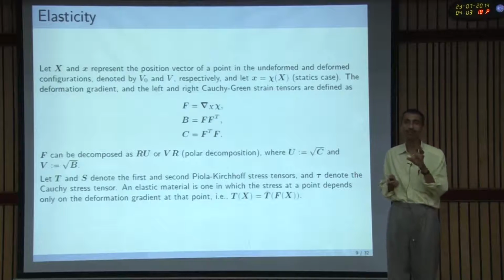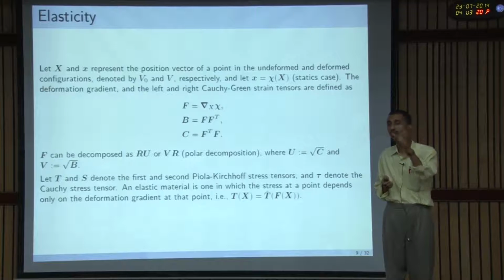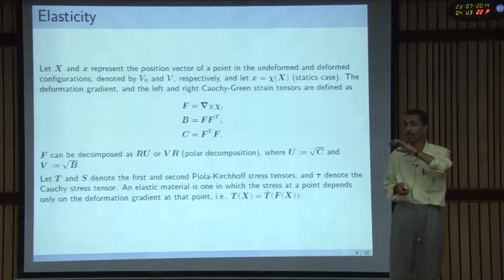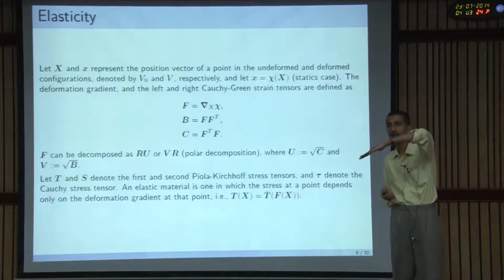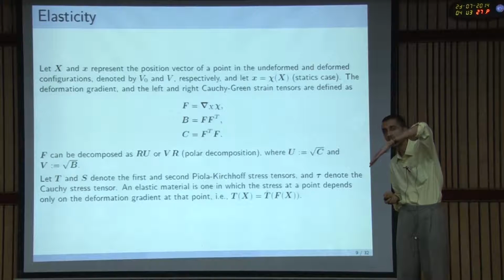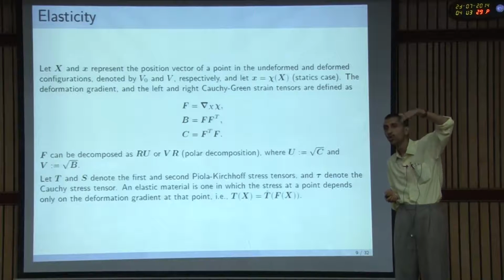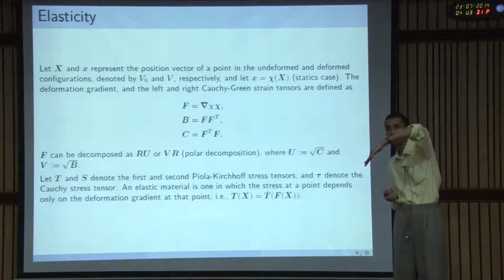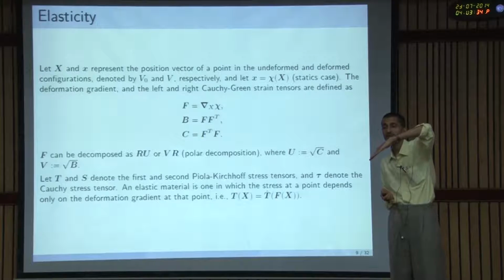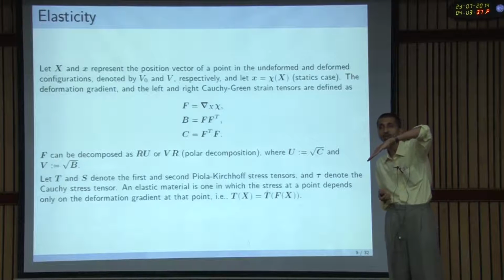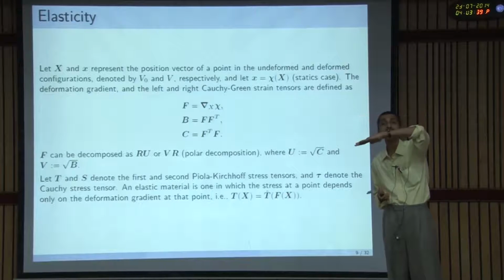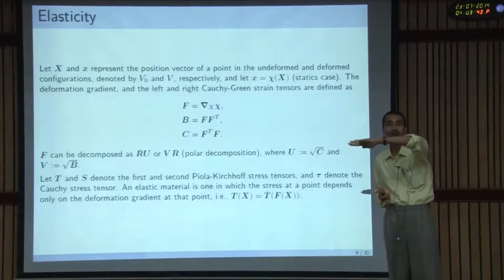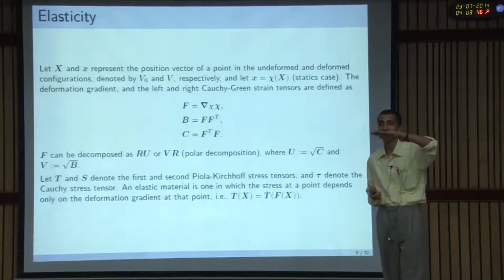The problem with nonlinear elasticity is that the deformed configuration is not known a priori. If you are applying some pressure load on a cantilever, it deforms, and then you do not know where the new boundary is on which to apply the traction boundary condition. So typically, while solving problems in nonlinear elasticity, you map everything back to the undeformed or reference configuration, and then you solve the problem on the reference configuration.